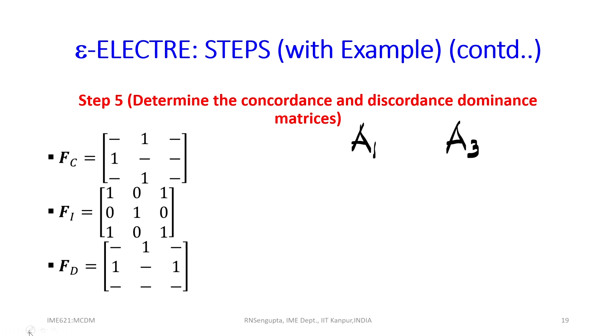If I consider the concordance, I am using the green color, A 1 to A 3 and A 3 to A 1, nothing can be said, because it is a dash. There is no such positive on the positive benefit scale, nothing can be said very categorically, nothing can be said very convincingly.